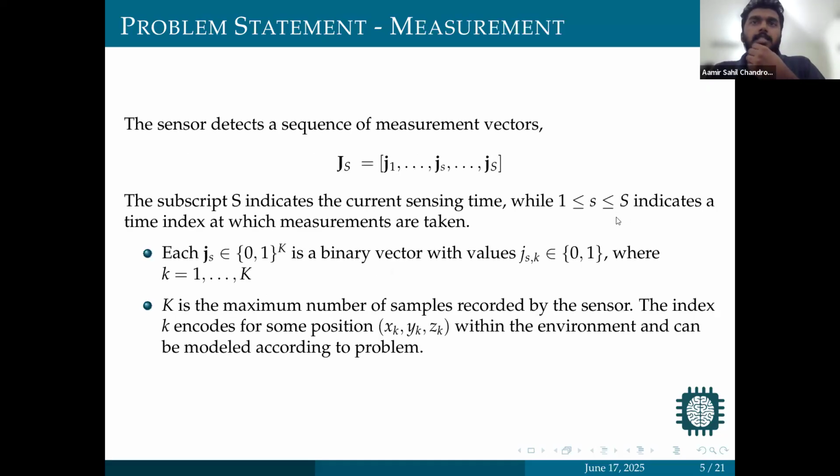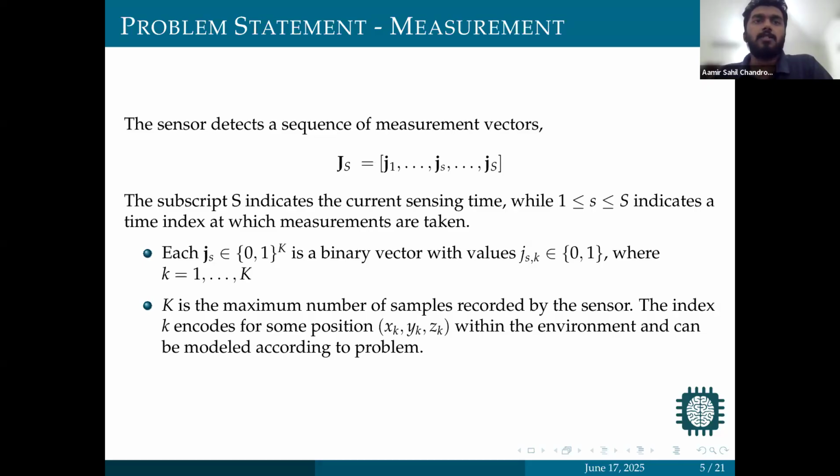The other definition is that of measurement. The entire measurement is considered as a matrix where each row is the measurement taken at a particular time s, and each single measurement is again a vector of length k, which can be either 0 or 1.